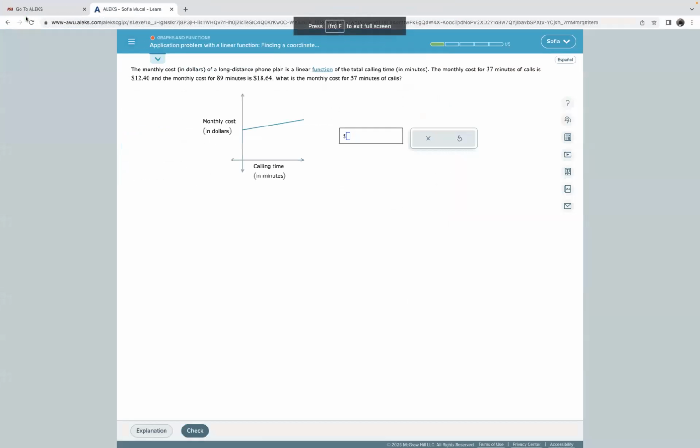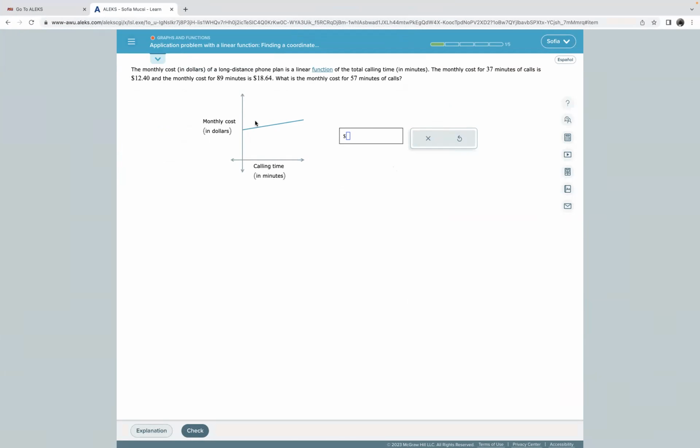All right, so the monthly cost for 13, 40, and the second was 89. So cost per 87.